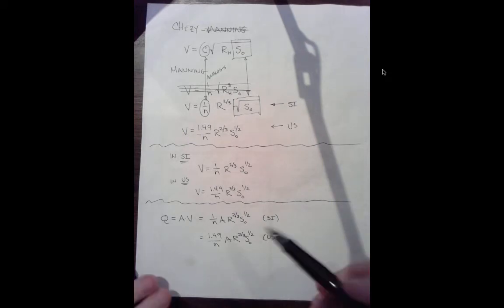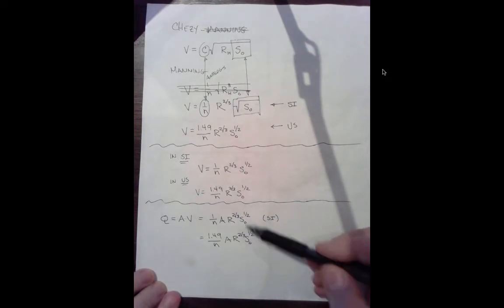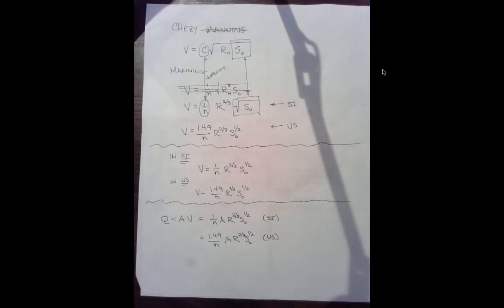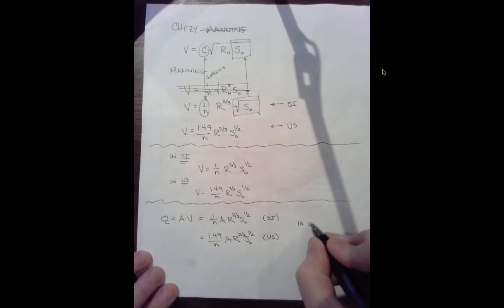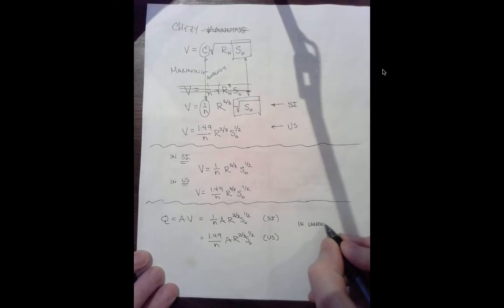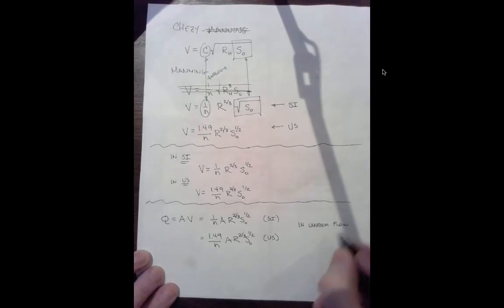These are by far the most common representations in open channels. And as an aside, these slopes in Manning's equation are supposed to be the friction slope, but in uniform flow, friction slope equals bottom slope. So this is how they are commonly used.